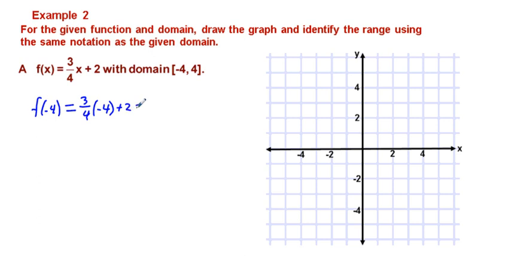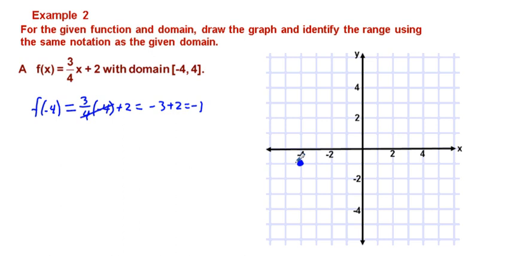The 4s cancel, so we get -3 plus 2 equals -1. So where x equals -4, our output value is -1.